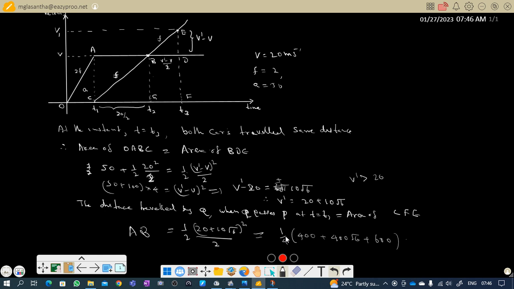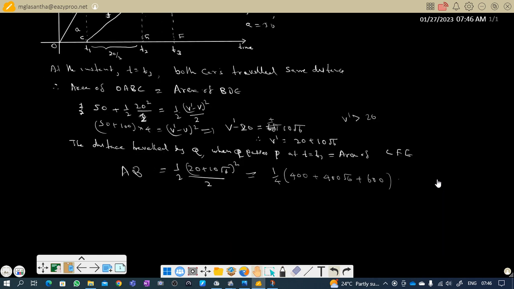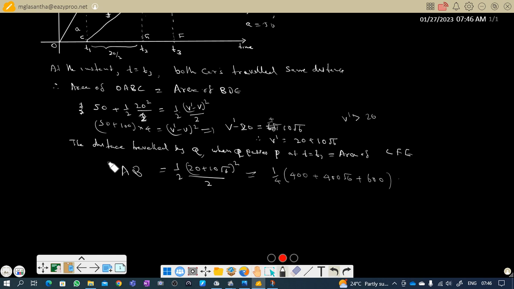So this is equal to 1/4 times 1000 plus 400 root 6, which is 250 plus 100 root 6.